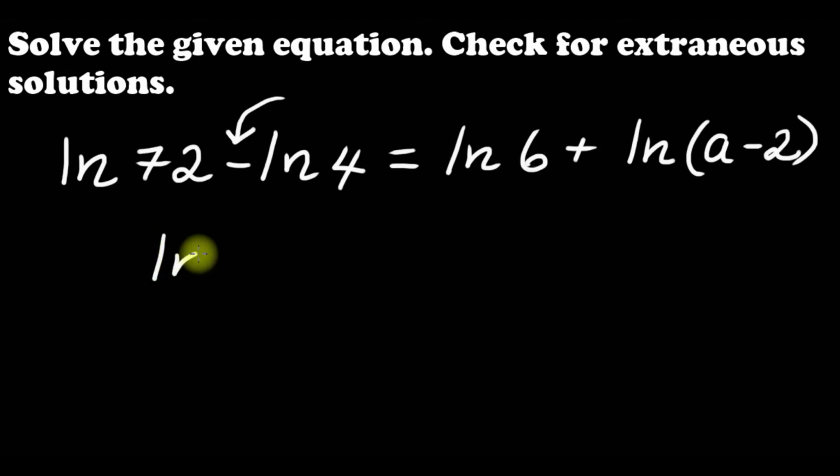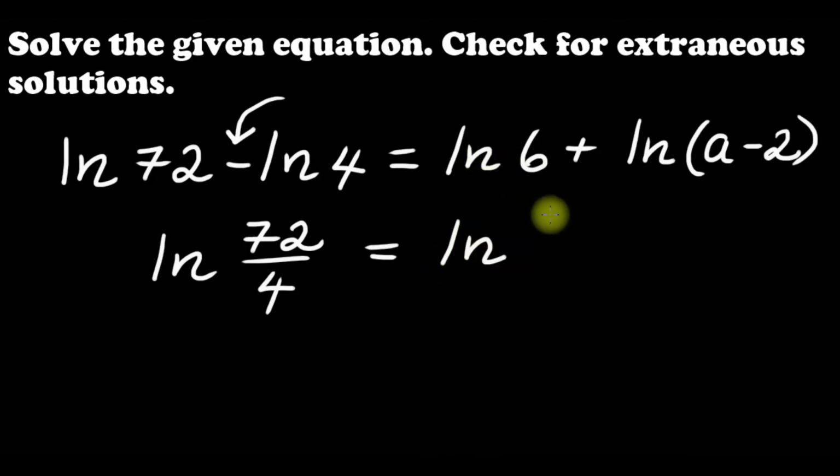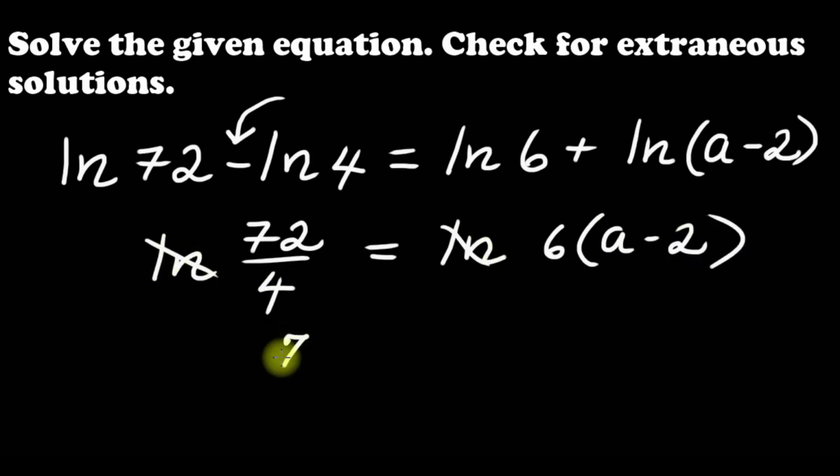So here you're going to have ln 72 over 4 is the sum of logs. Using the product property, it becomes ln of 6 times a minus 2. Okay, you can take out the ln. So you have 72 over 4 is 6a minus 12.